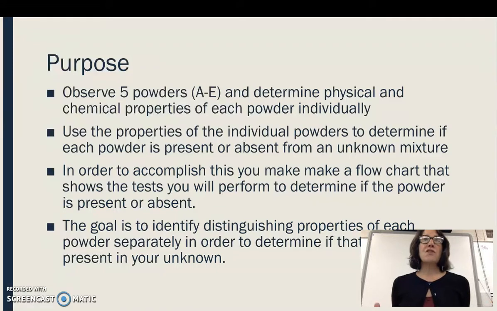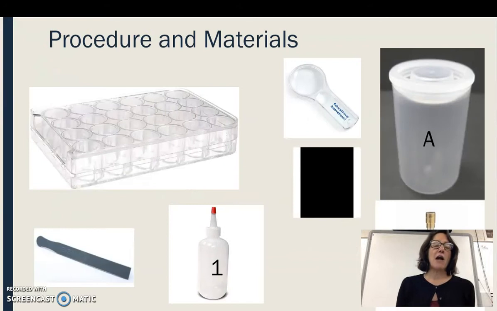Your goal is to find that each powder, when you're observing them initially, has something very distinctive about it that I could use to determine if it was present in my unknown mixture or not. So we're going to start out by looking at physical properties. Each of your powders is going to be present in a film canister like this.